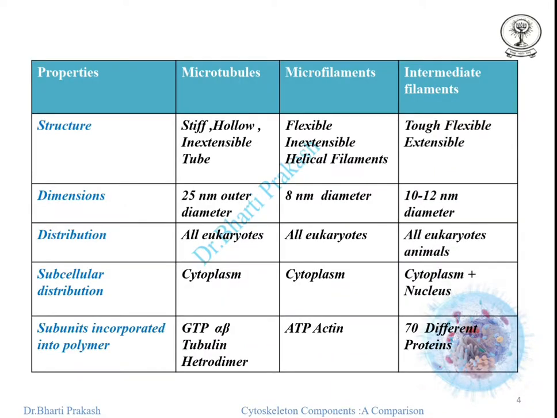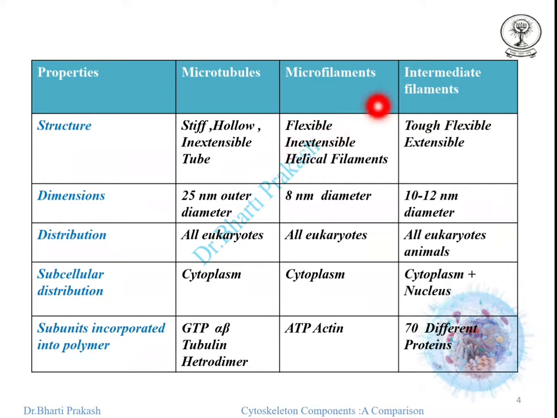So let us begin with the differences between the three components of the cytoskeleton. First of all, let us see the structural differences between the three components. The microtubules are the largest elements of the cytoskeleton, and a microtubule is a hollow cylinder of 13 protofilaments. They are stiff, hollow, inextensible tubes.